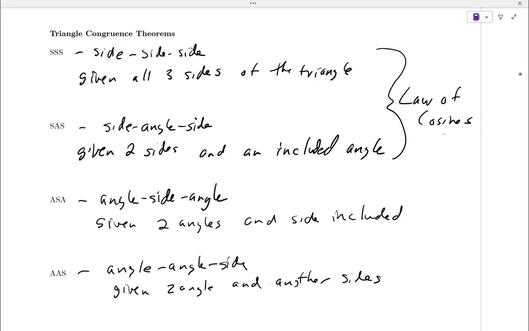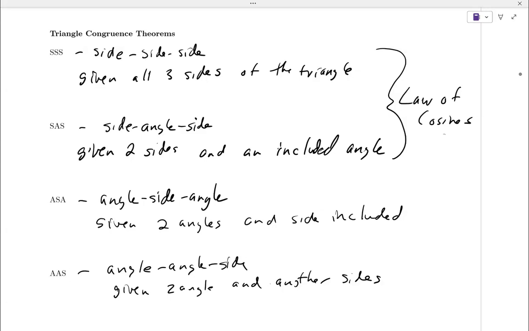Notice that these two congruence theorems are illustrated in the previous two examples that we did. The first example is an example of angle side angle. The second example was another of angle angle side. We go back to the example we just did. That's how I set them up. Right?